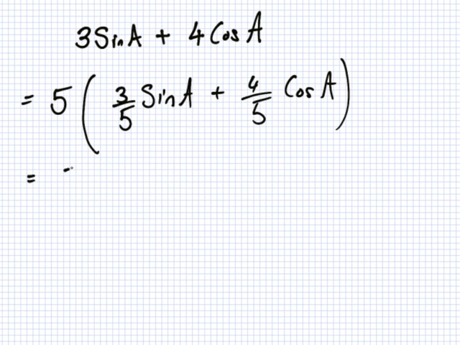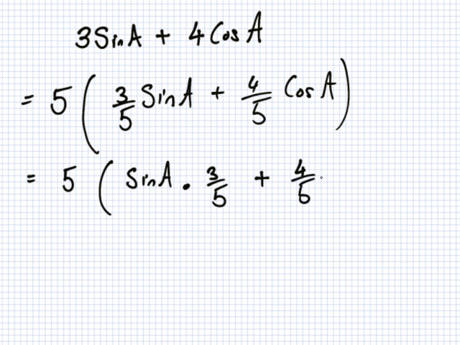You change this into 5 sine A times 3/5 plus 4/5 times cos A, like this. Now, you might say, well, what's the point in doing that? Well, just draw a quick triangle here. This side is 5.